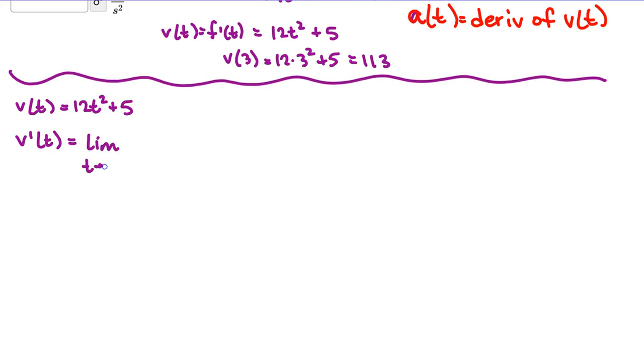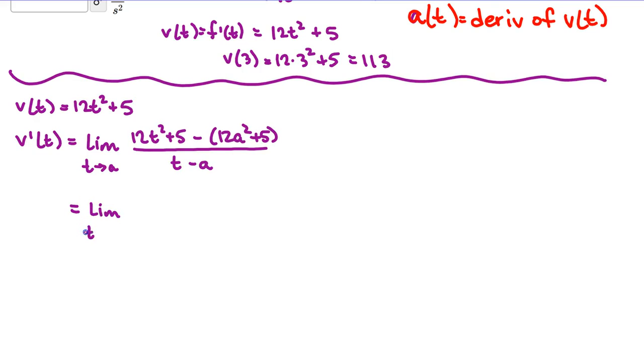The limit as t goes to a of 12t squared plus 5 minus 12a squared plus 5, all over t minus a. Just showing that you can use either definition. Now here what I'm going to do is distribute the minus and also rearrange the terms a little bit. We saw one like this earlier. Oh, we can just cancel the plus 5 minus 5. That's cool.